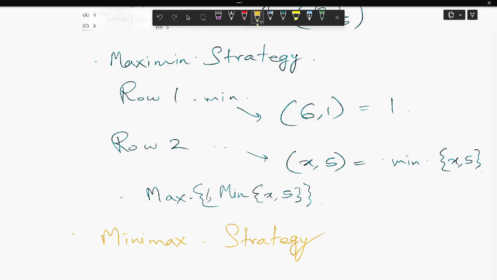The column player, choosing between column 1 and column 2, looks at the maximum possible payoff in each column, then minimizes it.